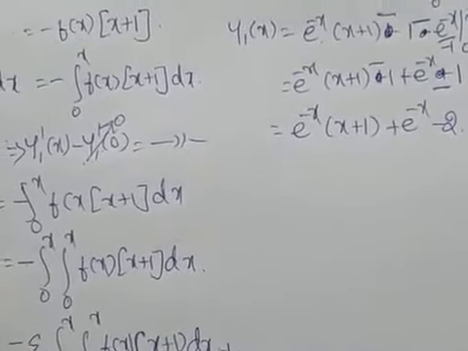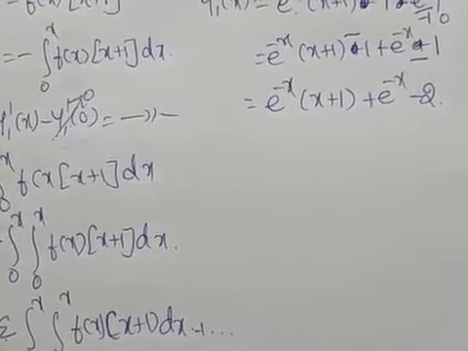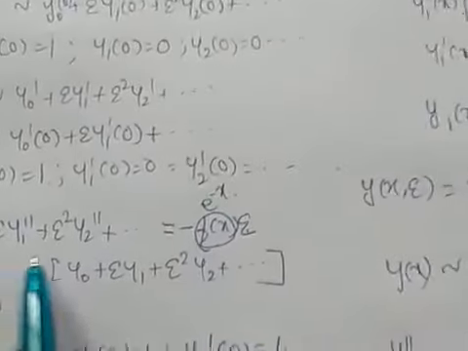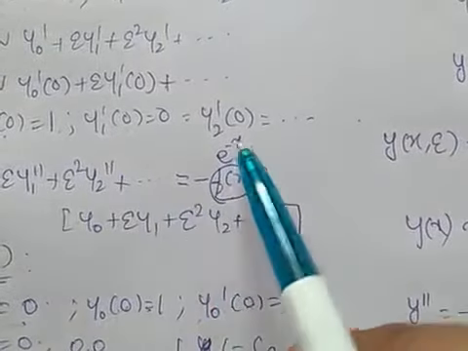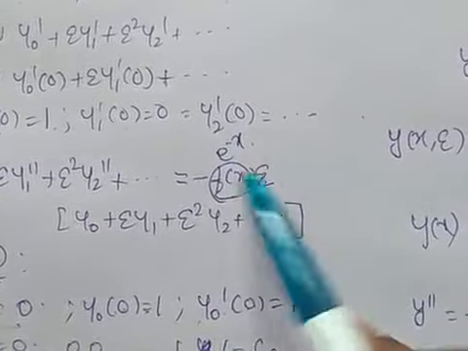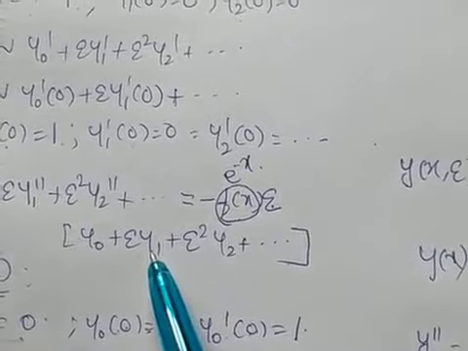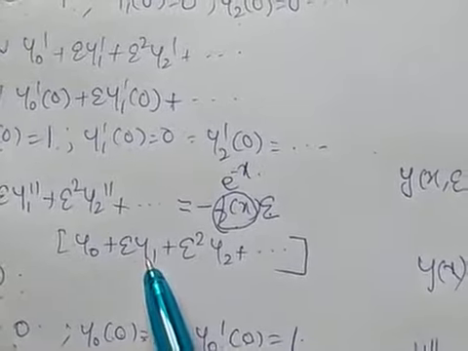Now we have to find the coefficient of epsilon square. So what is the coefficient of epsilon square? y2 double dash minus e power minus x plus y1. So that is our coefficient of epsilon square term.